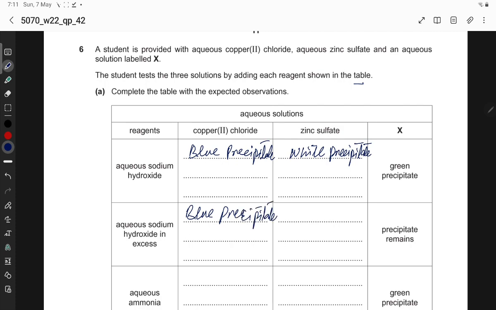Insoluble, remains insoluble, white precipitate dissolves.